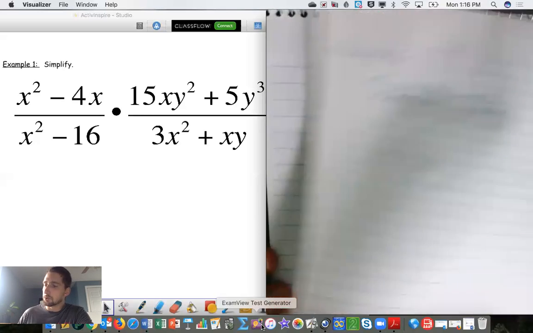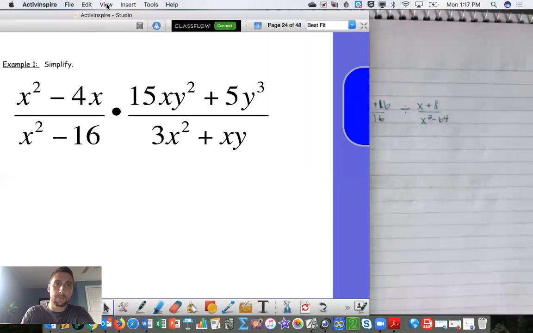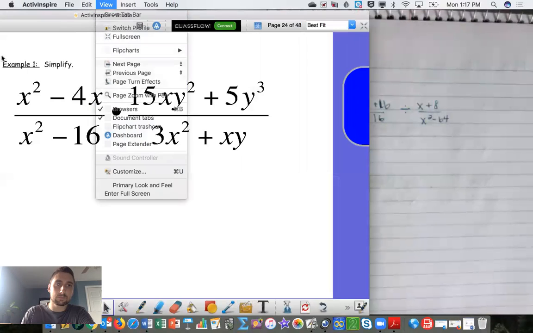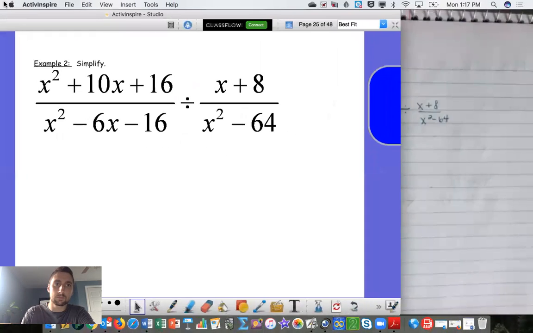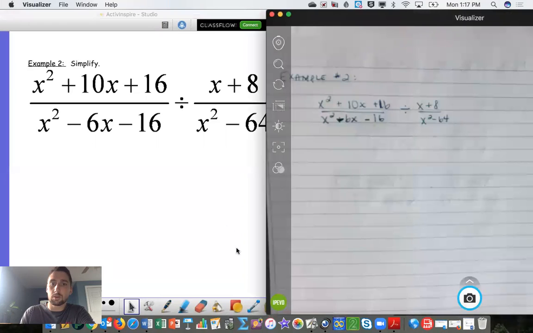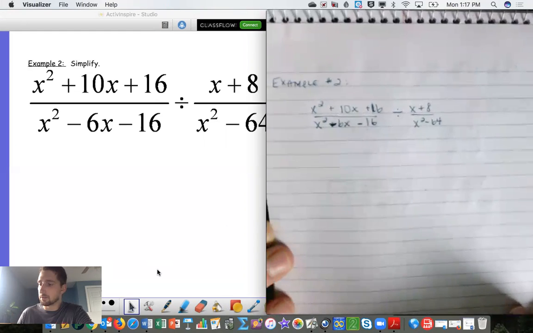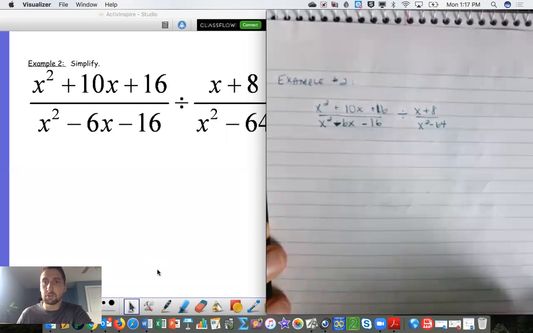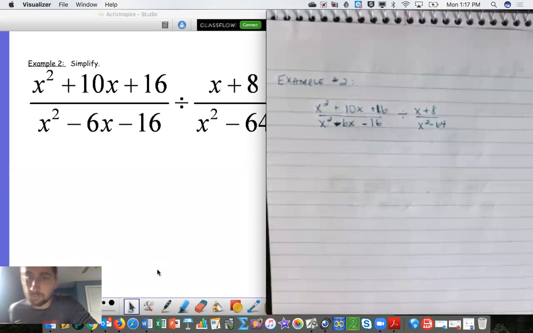Moving into example 2. Example 2, we have division. And with division, just like when you're dividing by a fraction, you need to take the reciprocal and multiply by the reciprocal.